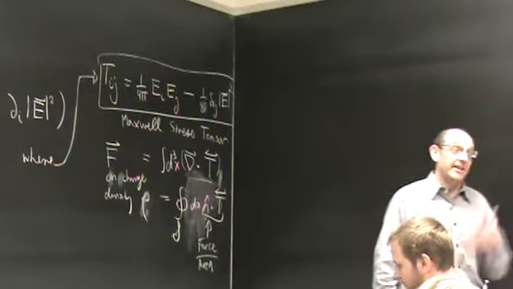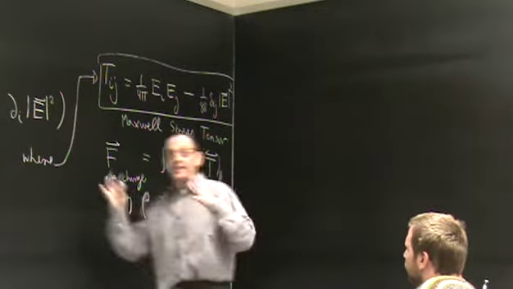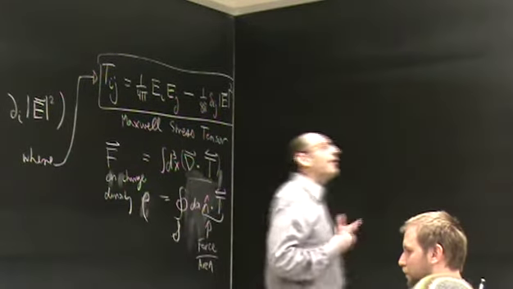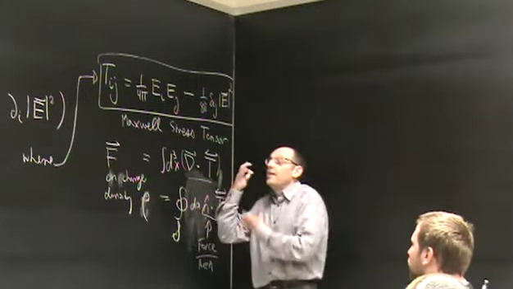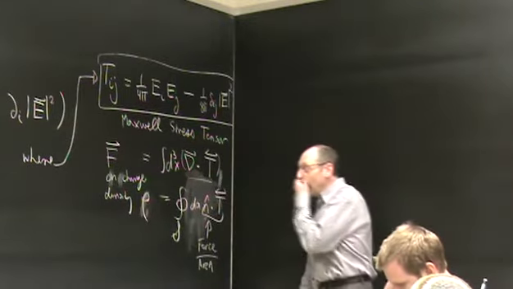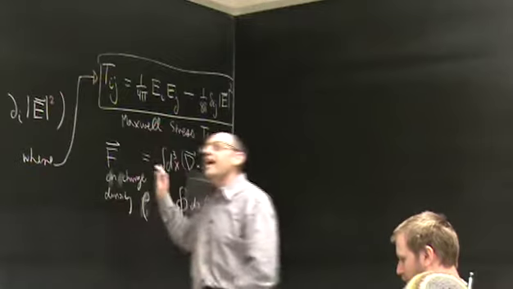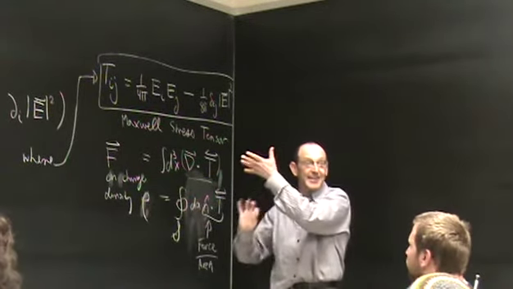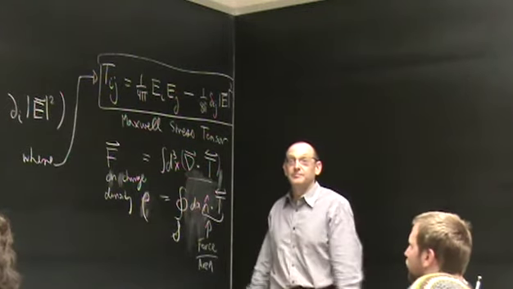Force per unit area is pressure. So the pressure exerted on the charges is the pressure coming from the electric field. If I want to calculate what that pressure is, of course it's a tensor: you could push in one way, but it might go in another direction. It's got this tensor quality to it.